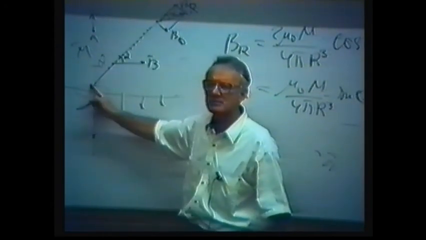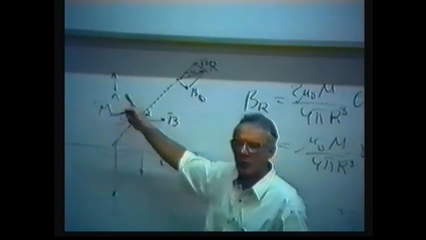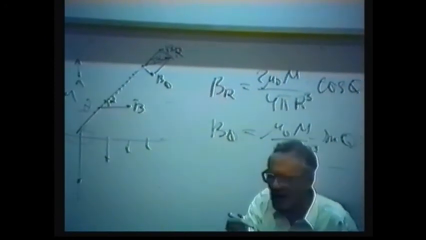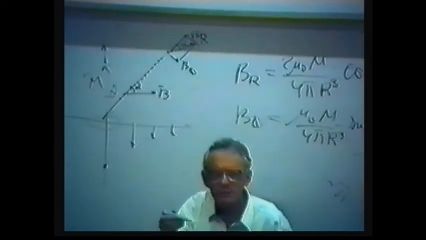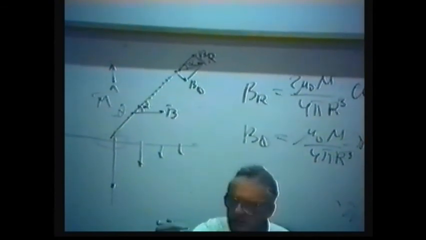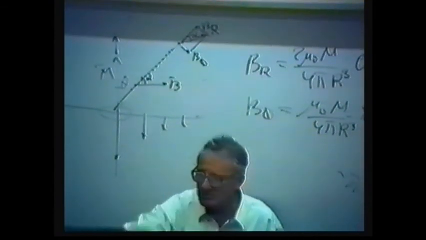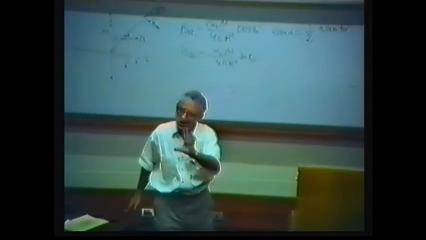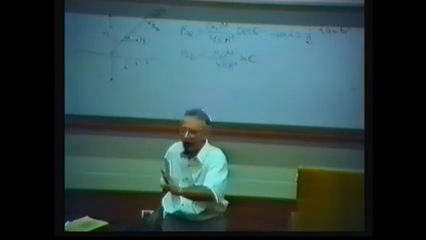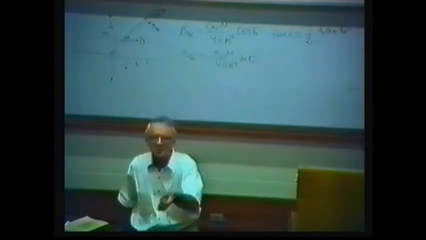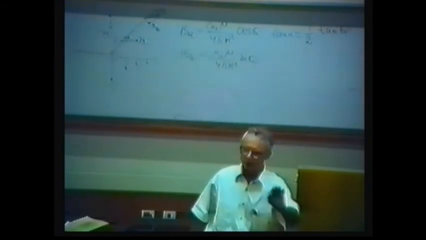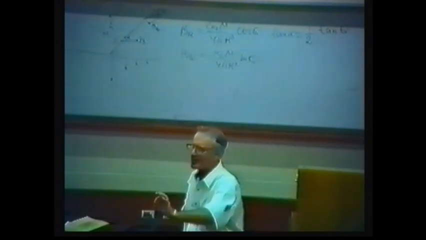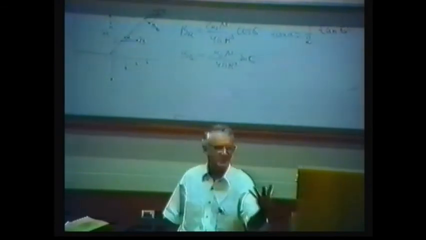Radius and moment. What is alpha? Angle between the direction of the field and the radius. Now, let us ask ourselves. What I'm trying to do now is illustrate the importance of the Biot-Savart law beyond electromagnetic methods, because it's very general, very important information.